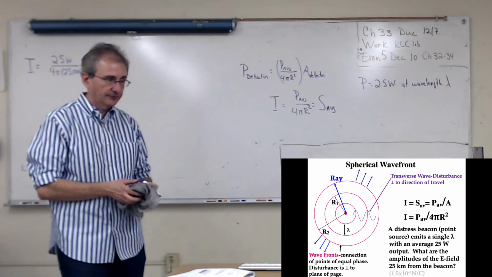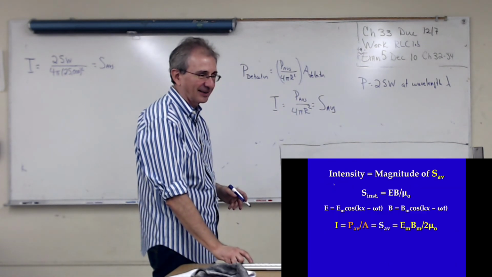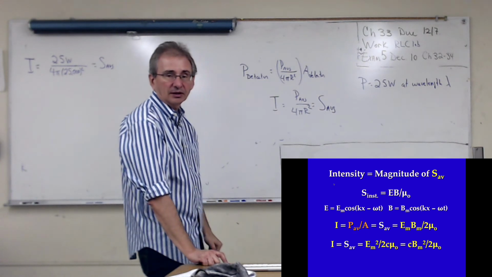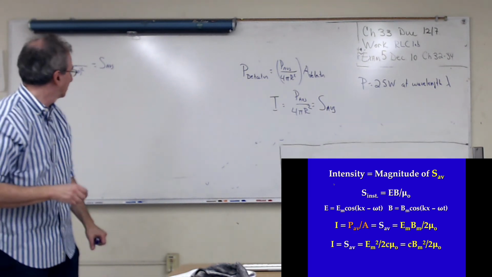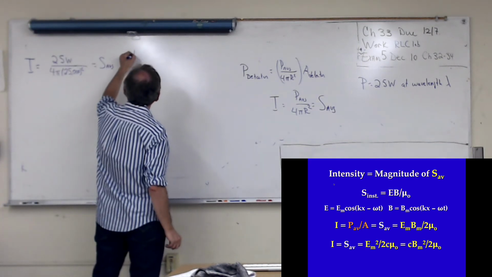Now, how do we write S average? There's a bunch of ways. Let me go back. So you have a whole bunch of equations we can choose from. Since we're looking for the electric field, we can write it this way.